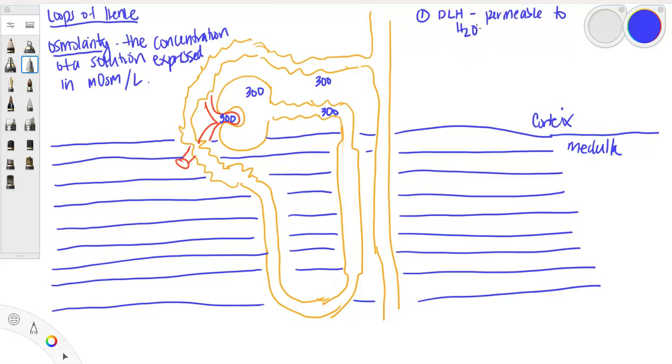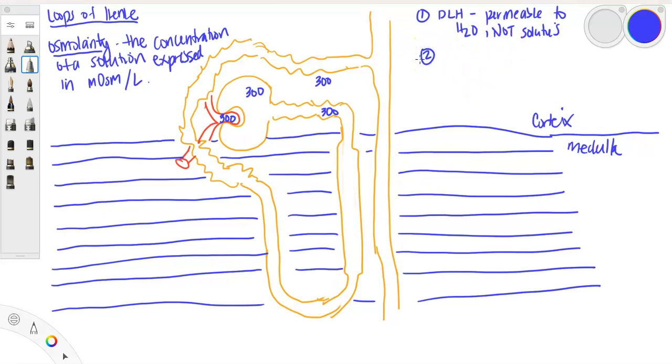So it's permeable to water, not solutes. The walls of the descending loop of Henle are rather thin, and again, only permeable to water.